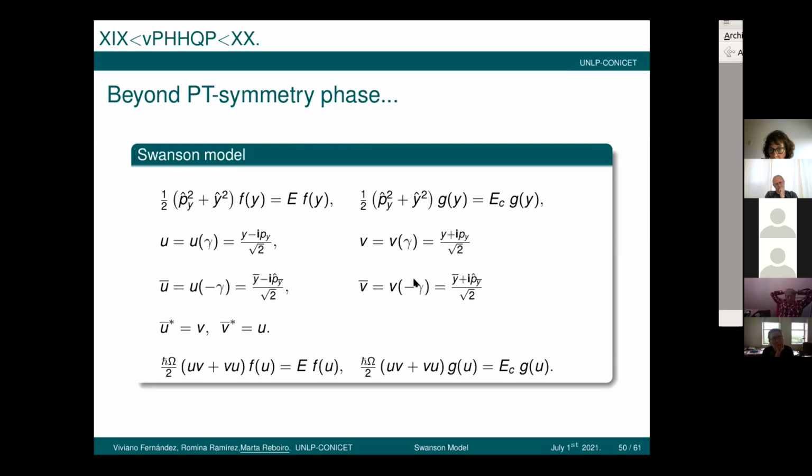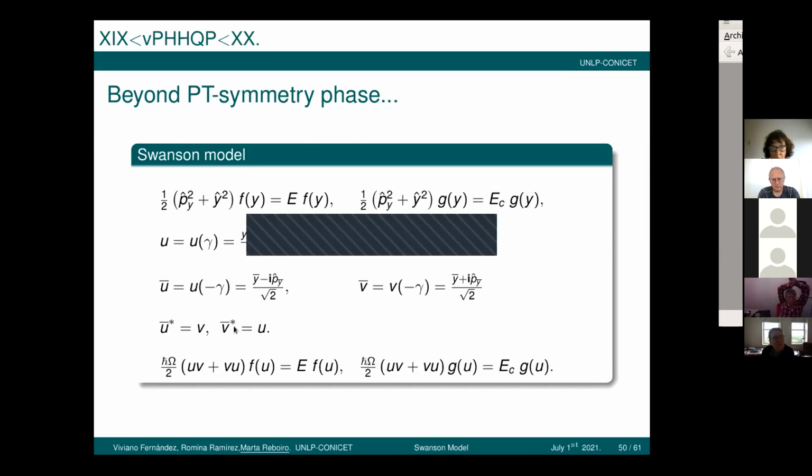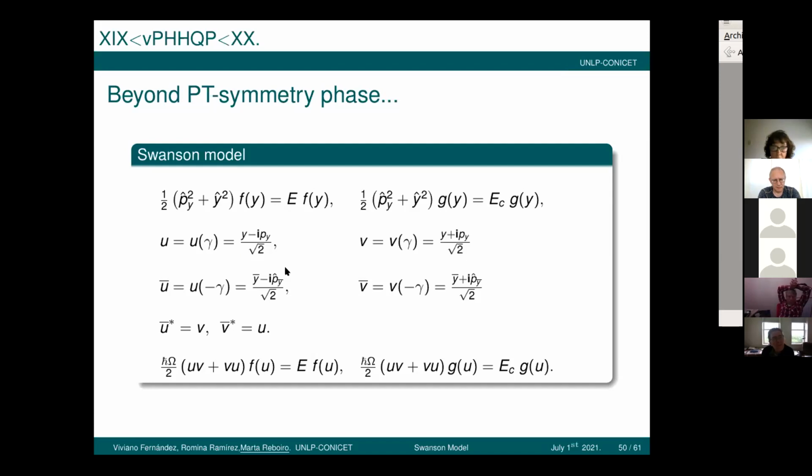The complex conjugate of this variable is b, and the complex conjugate of this variable is u. So we end up with a Hamiltonian of this form, and similarly for the Hamiltonian of the adjoint of H.